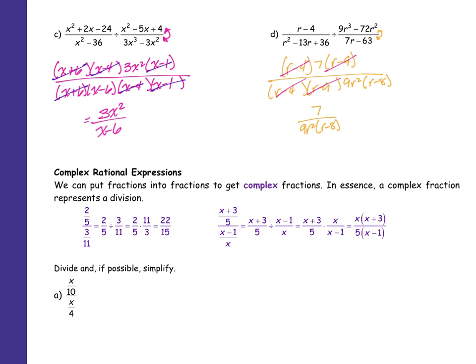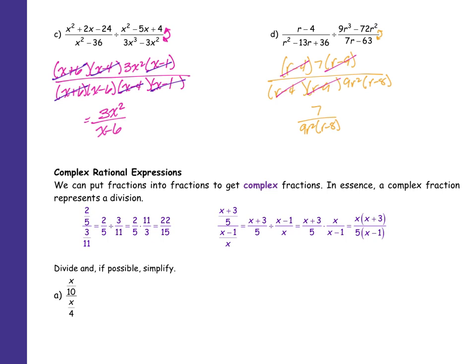For the multiplying and dividing, it's not really any more challenging than a division problem because all you're doing is taking the bottom fraction, flipping it, and it becomes a multiplication problem, just like what we just got done doing with the divide. So it just looks more intimidating when it's written this way, and that's why people have an issue with it.